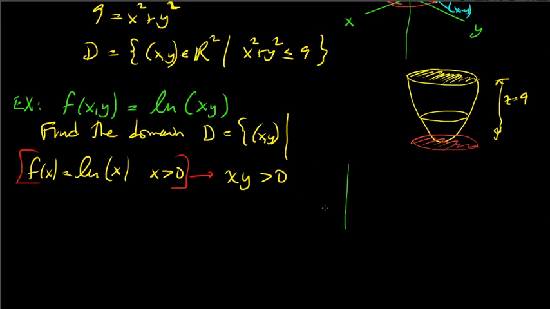Well, let's look at the xy plane. Certainly, a positive times a positive is positive, right? So you can be anywhere in the first quadrant where both x and y are positive, right? But a positive times a negative would be negative, right? On the other hand, a negative times a negative would be positive.